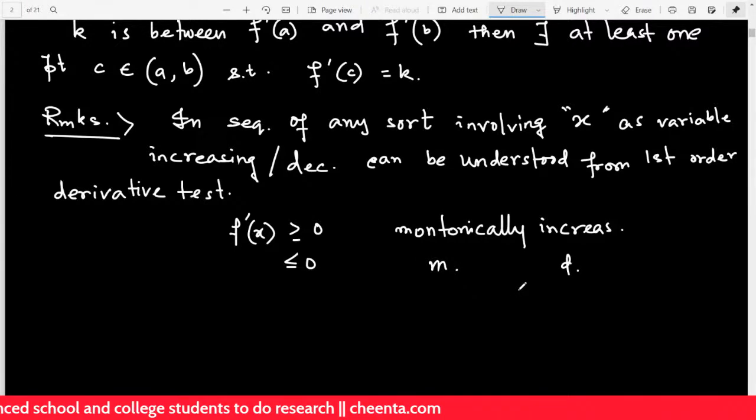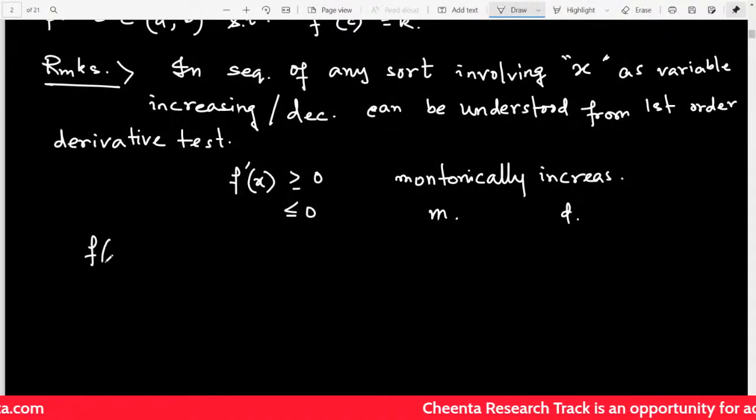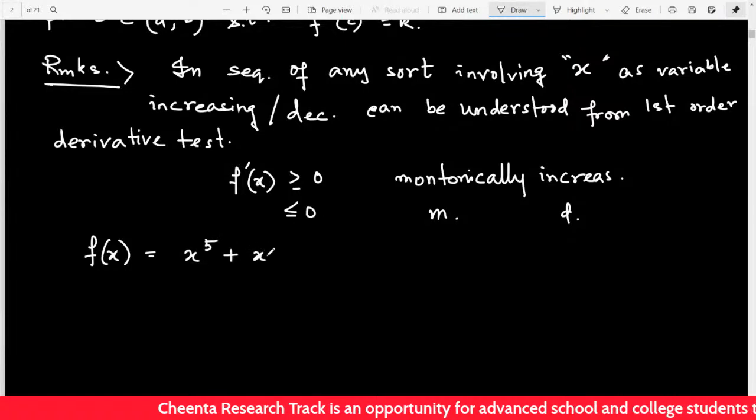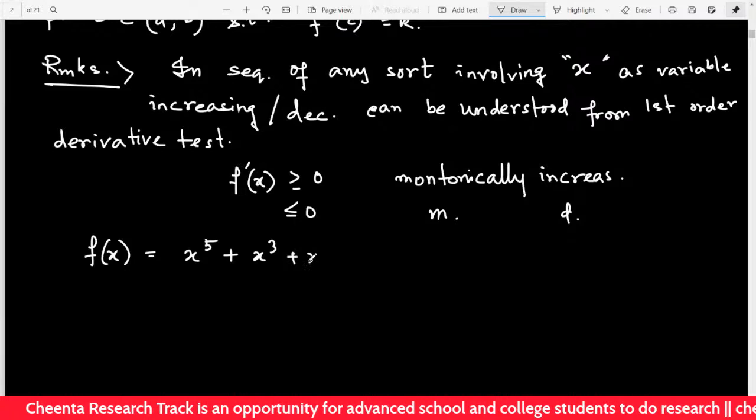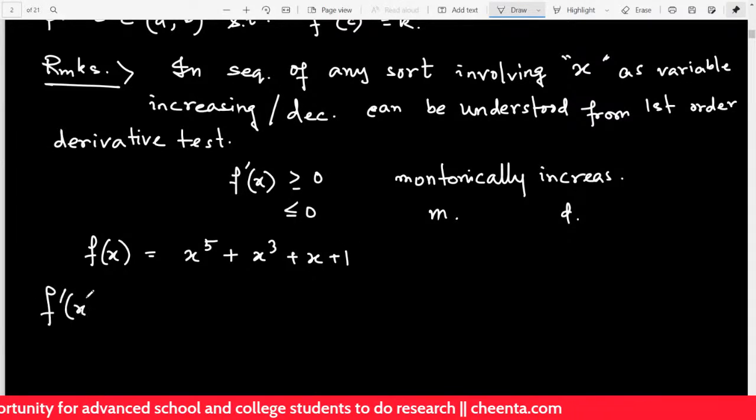Suppose there might be questions like these. Let's say I give you a function f of x equals x to the power 5 plus x cube plus x plus 1. Now if you take f prime of x, which is 5x to the 4 plus 3x square plus 1, as you can see this is all positive.